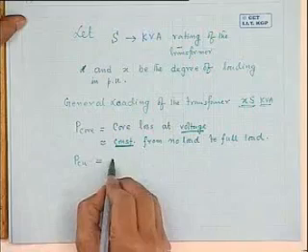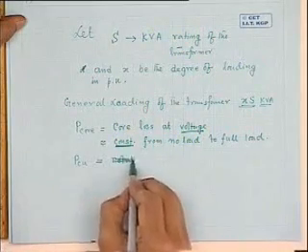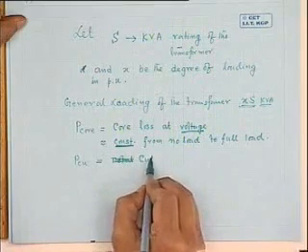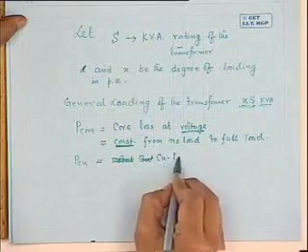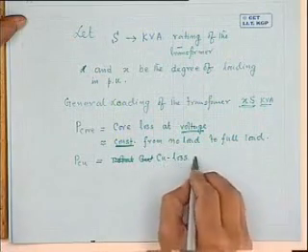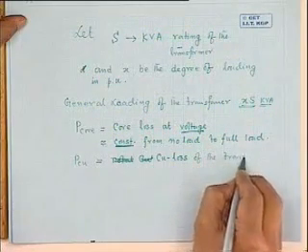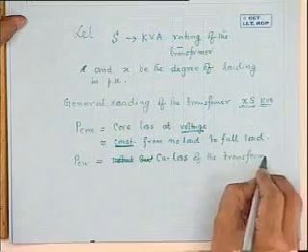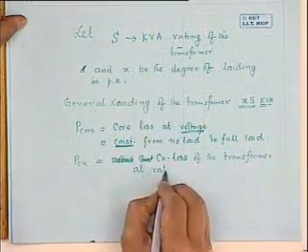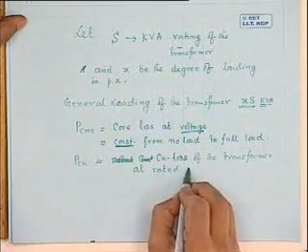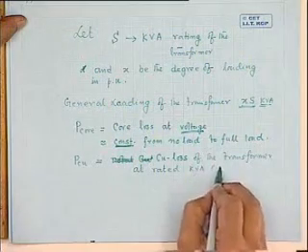And let PCU be the total copper loss of the transformer. Total is understood. Copper loss of the transformer at rated kVA.